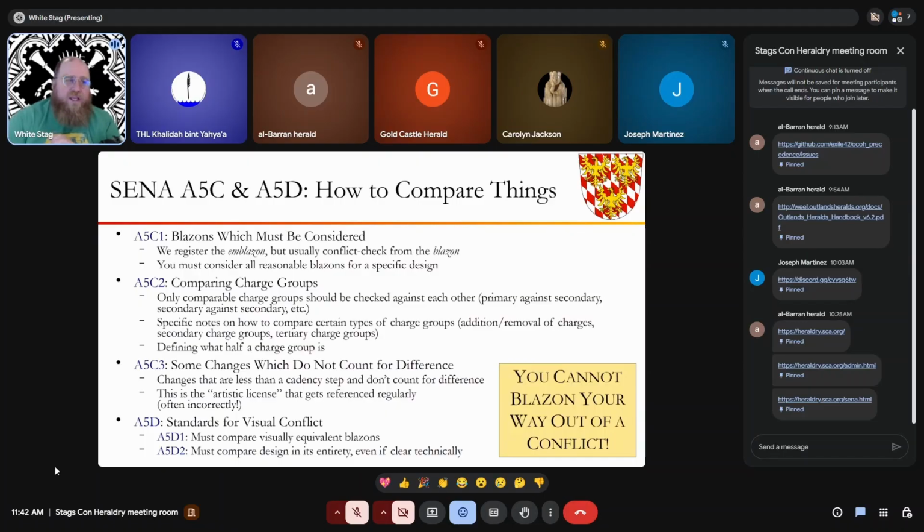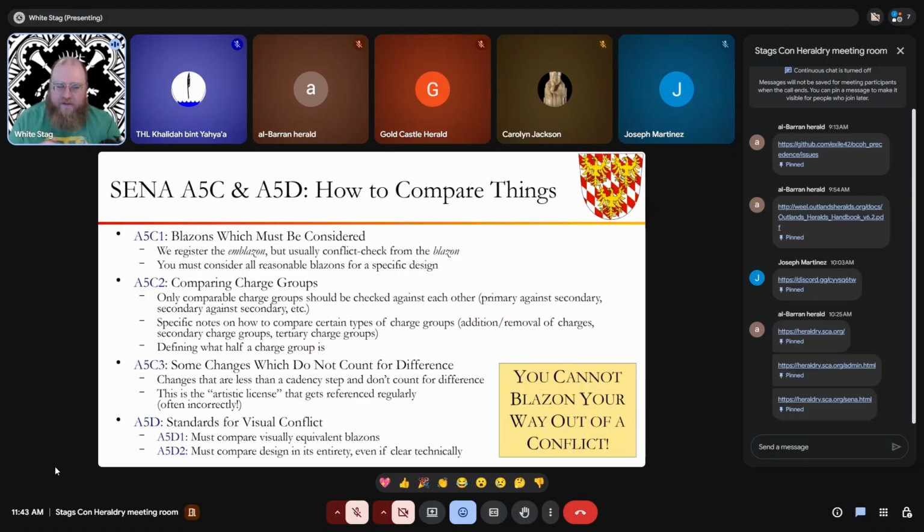For example, if you have a peripheral ordinary, you'd only compare the tertiary charge group on that peripheral ordinary against other peripheral ordinaries. You wouldn't compare it against the tertiary charge group on the primary charge, for example. And also, this is actually quite helpful: what is half of a charge group? Because a lot of the rules are about changing the tincture of half of the charge group, changing the type of half the charge group. So we're defining what half the charge group is in here.